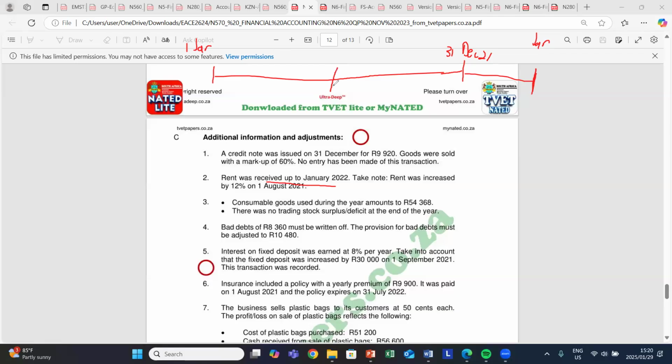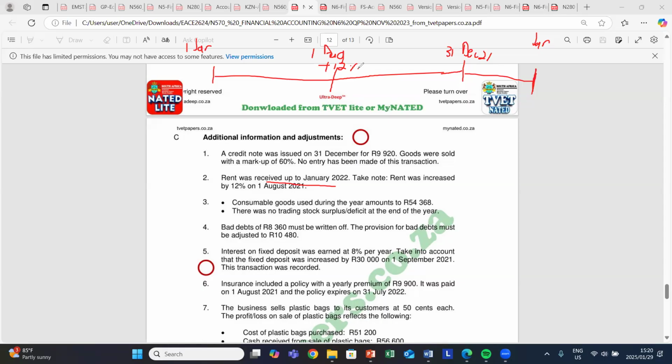You will highlight it in your financial year on the 1st of August. On 1 August, your rent increased by how much? By 12%. Your rent on the 1st of August increased by 12%.